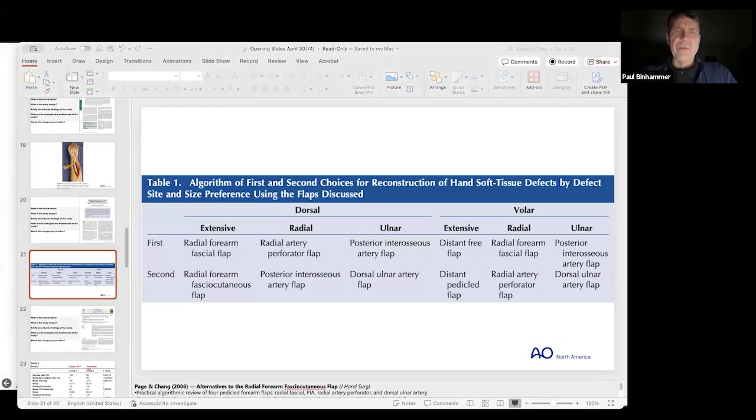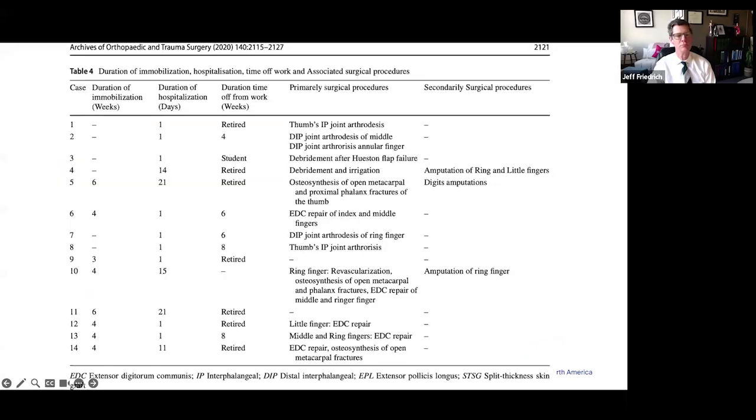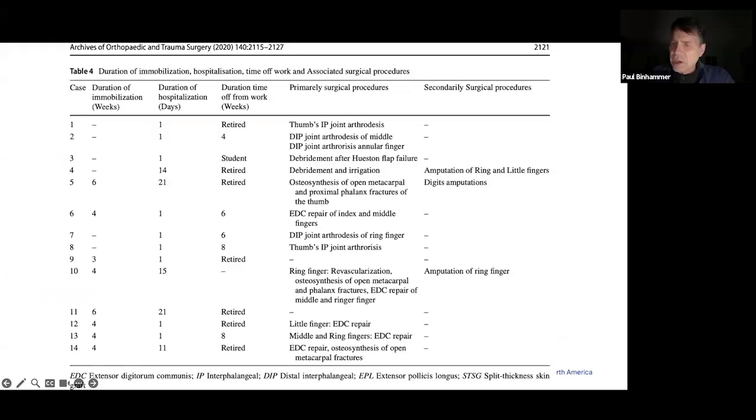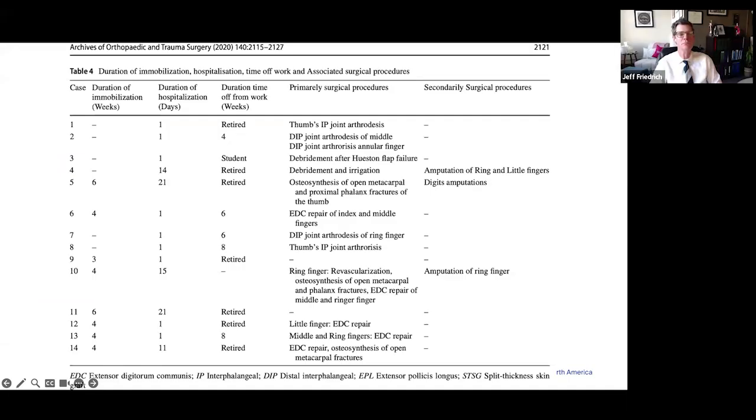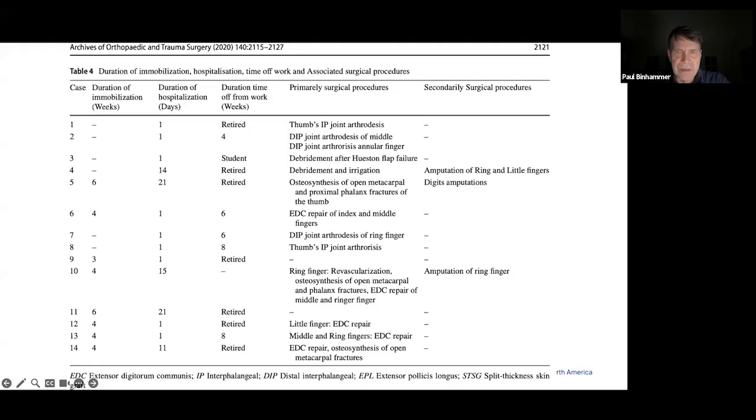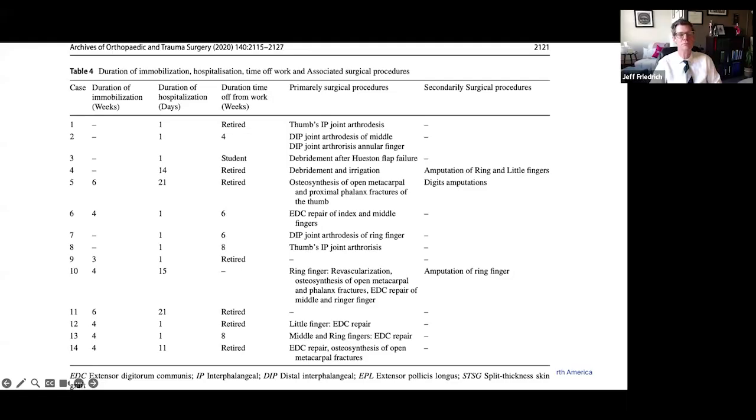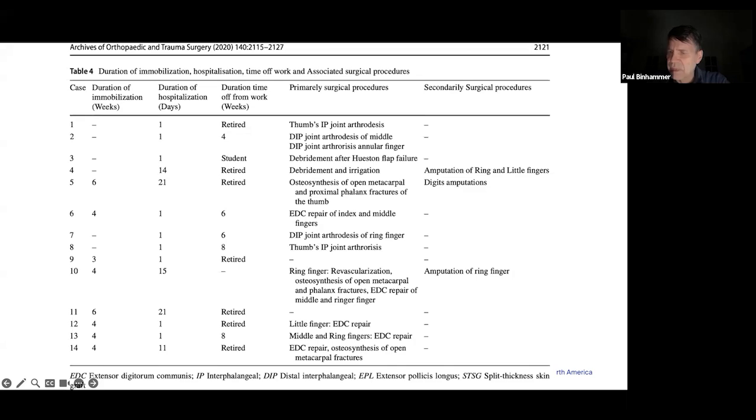The defects were around 35 square centimeters. They talk about functional outcomes in the paper. It's a little bit hard to understand their functional outcomes, but they had 97% take, I think, and high satisfaction, whatever that means.